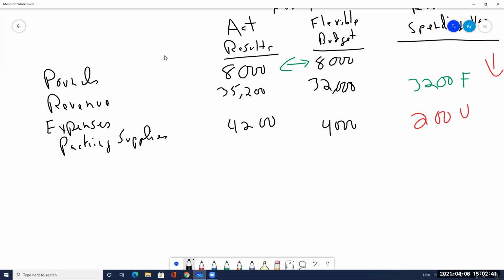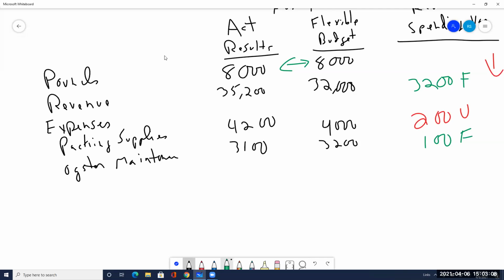So continuing on here, oyster bed maintenance. It was 3,100 actual, 3,200 was the flexible budget. That is $100 favorable.